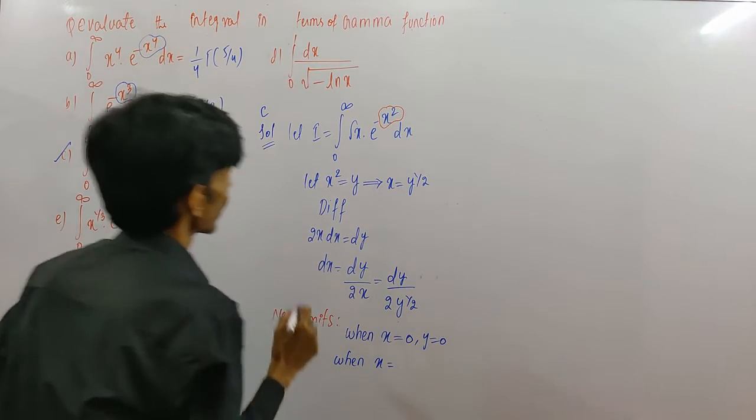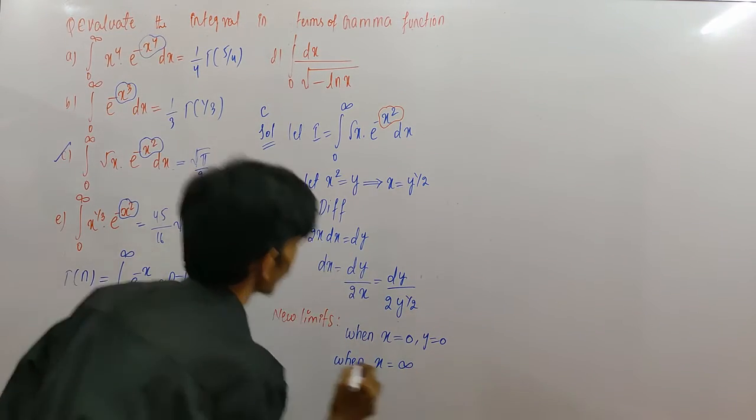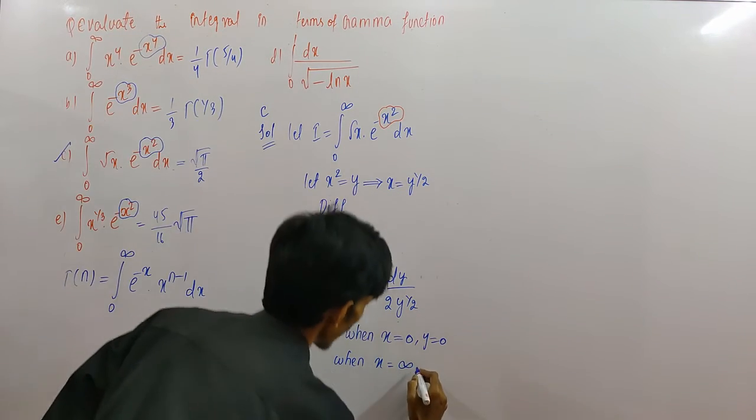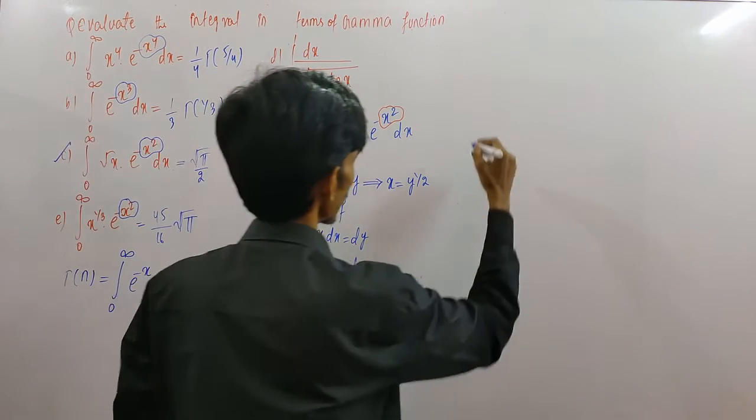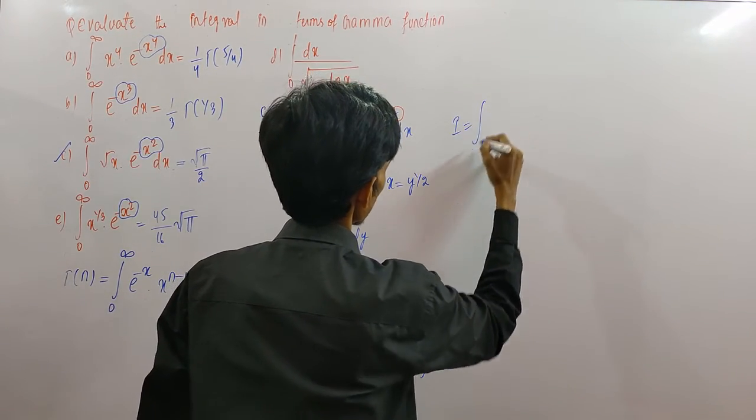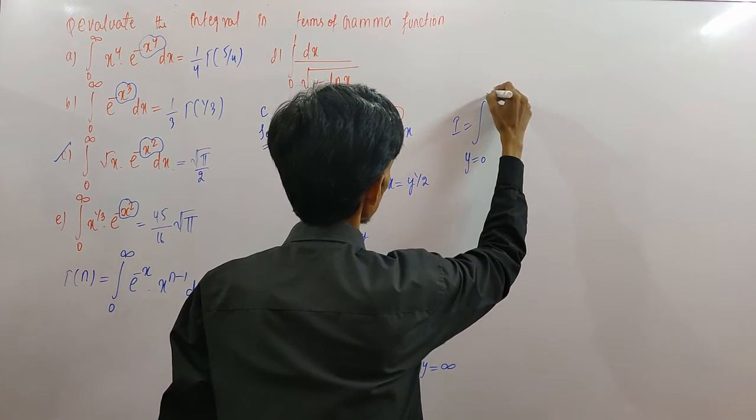When x is infinite, that is the upper limit, substituting here we get y as infinite. So we have this integral, y equals 0 to infinite.